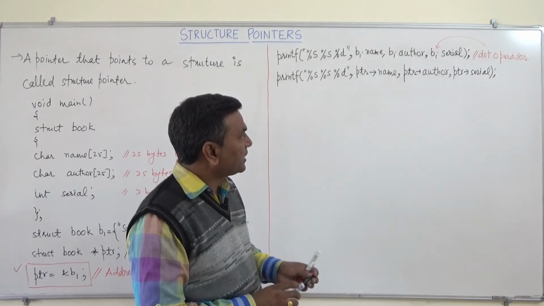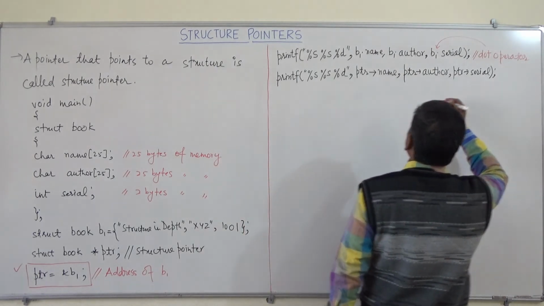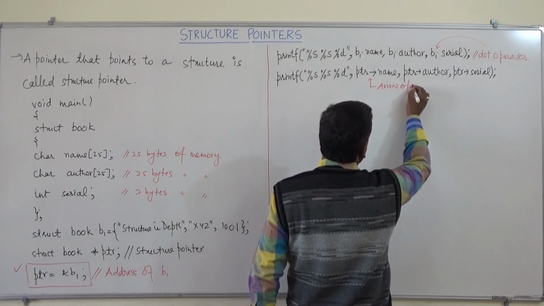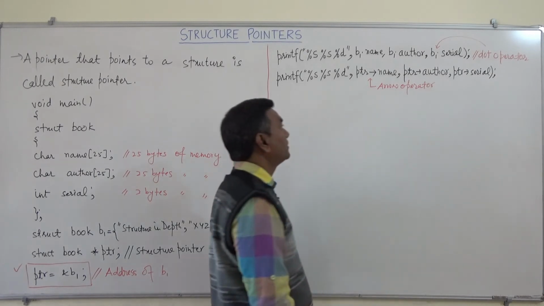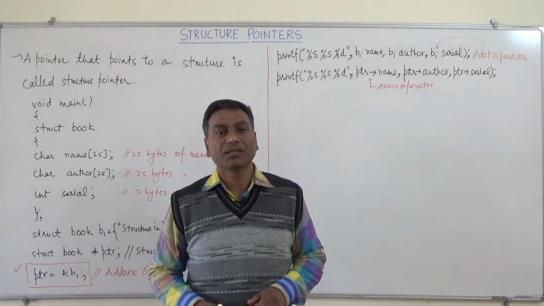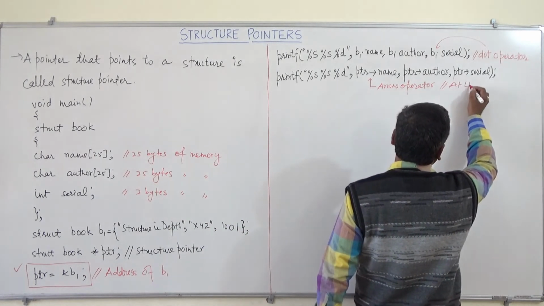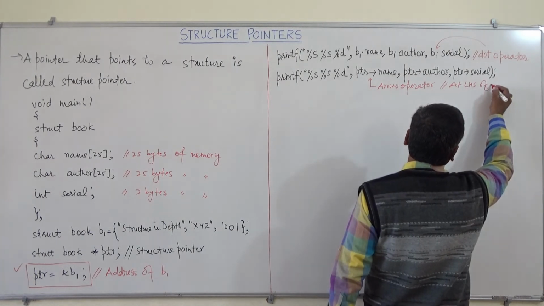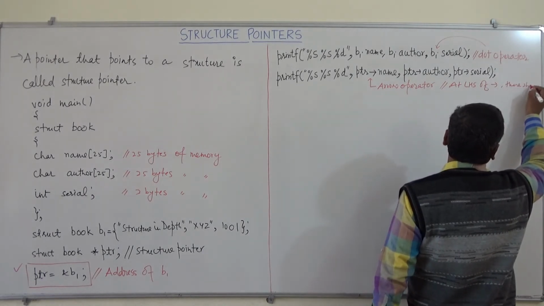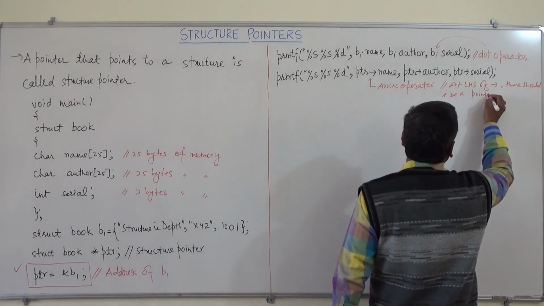Here we are using this arrow. This is the arrow operator, and we have to remember here that on the left hand side of this arrow operator there should be a pointer variable.